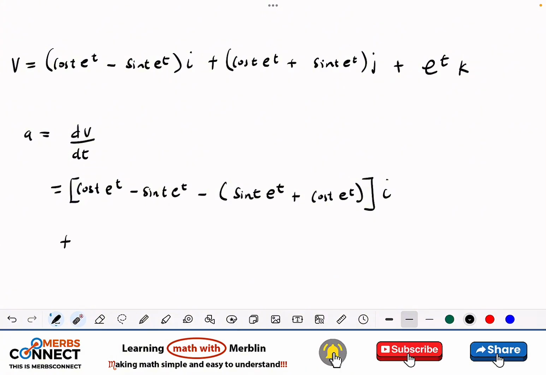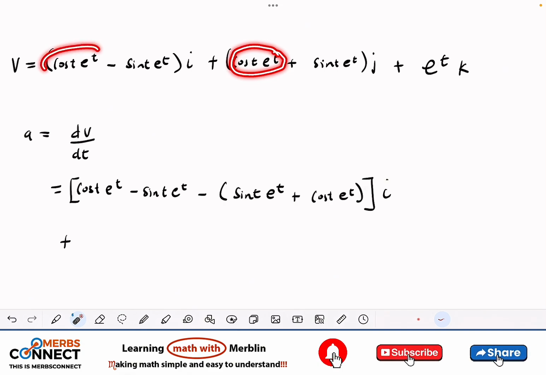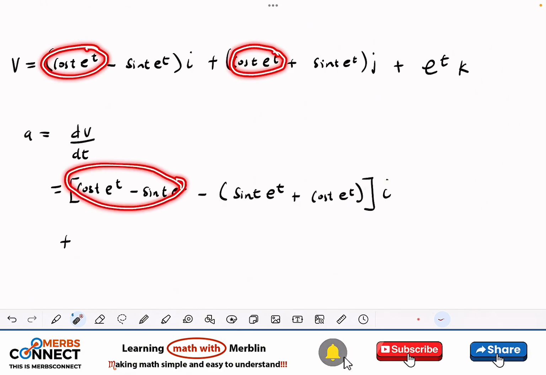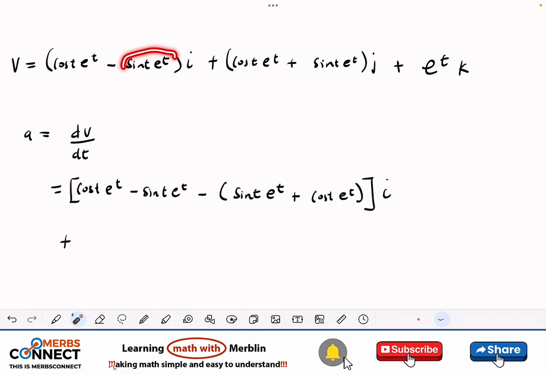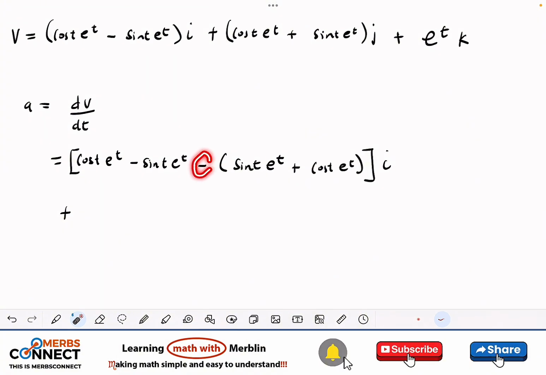So plus the same product rule again, right? But remember, we've done them already. We've done cos t e to the power t, and this is what we had. And then we've done sine t e to the t, which is also the same as this, and this is what we had. So we repeat them. The only thing that is going to change is the sign here. This is minus and this is plus. So I repeat everything.